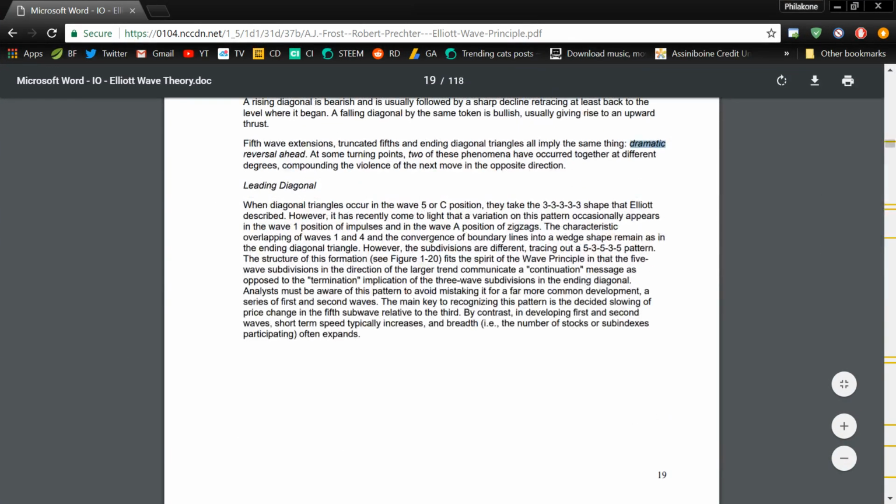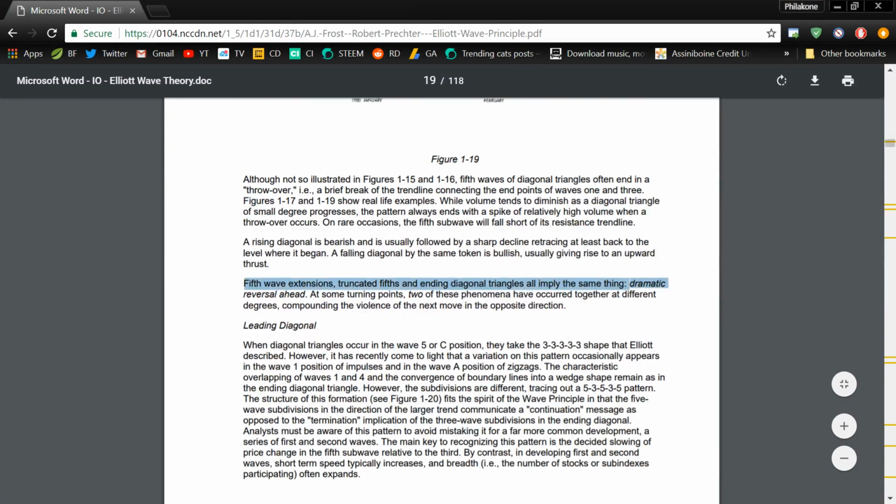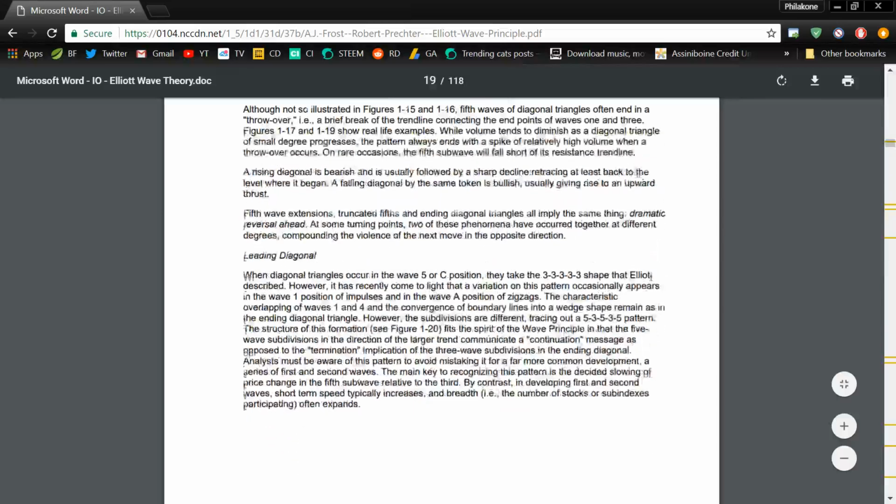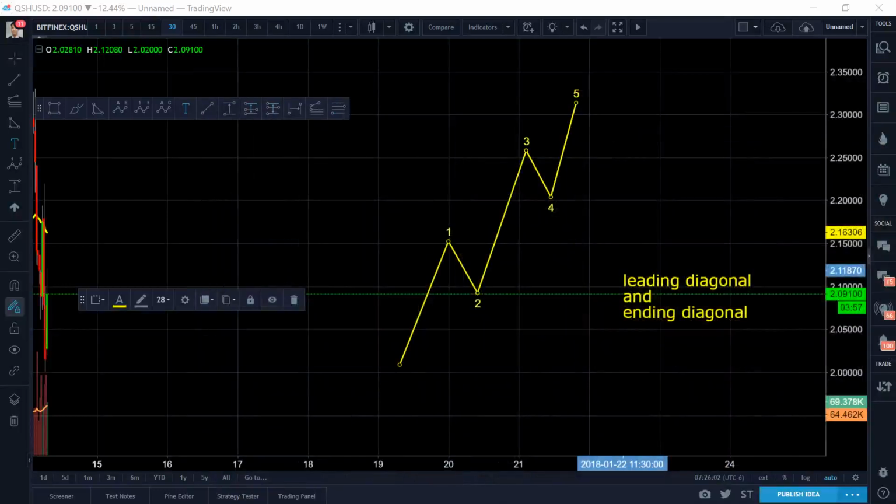Just as an example, diagonals occur in wave 5 or C position, or leading diagonals occur in the wave 5 or C position. I want to be clear about that. However, it has recently come to light that diagonals occasionally appear in the first wave of impulses and the A position of zigzag. So let's keep this in mind for what they're talking about.